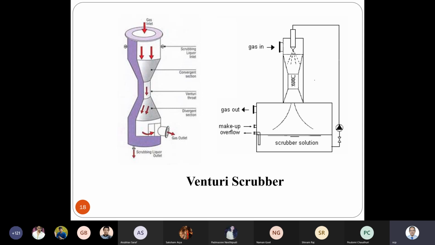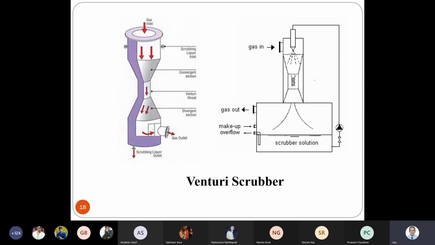Otherwise, in tray towers or packed towers, it may clog the tray holes, which is a problem. In this case, even if the scrubbing liquid contains suspended solid particles, maybe in the form of reactant or catalyst, we can use it effectively in this type of contactor.